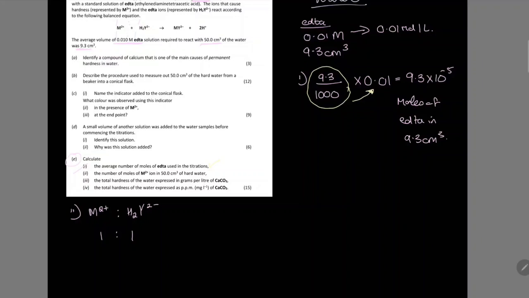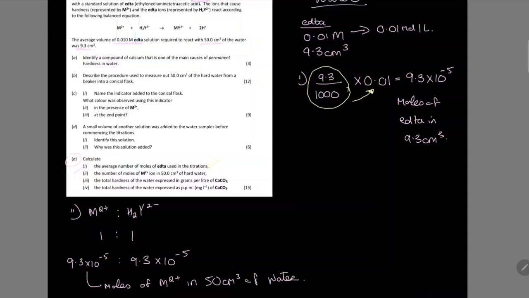That means the 9.3 by 10 to the minus 5 moles of EDTA is going to react with the exact same number of moles of the ions in the water. So just a quick ratio, and we see that it's 9.3 by 10 to the minus 5 moles of M2+ in the 50 centimeters cubed of water.